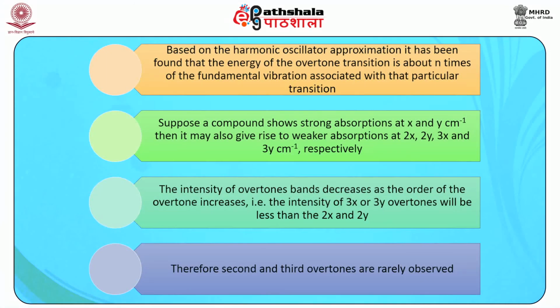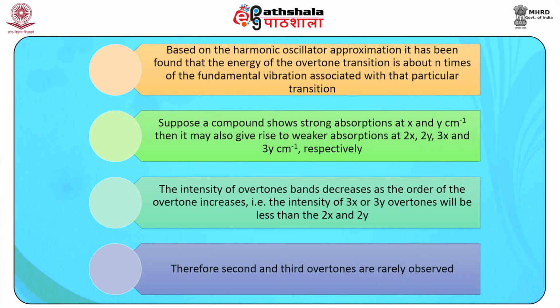Now, based on the harmonic oscillator approximation, it has been found that the energy of the overtone transition is about n times the fundamental vibration associated with that particular transition. Suppose a compound shows strong absorptions at x and y centimeter inverse, then it may also give rise to weaker absorptions at 2x, 2y, 3x, 3y centimeter inverse respectively.